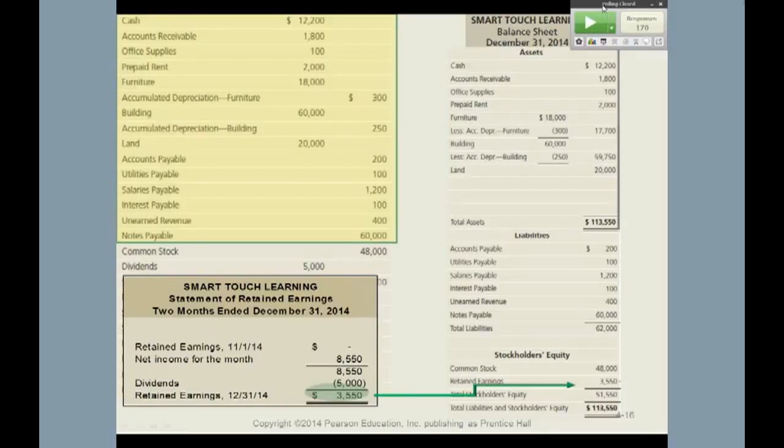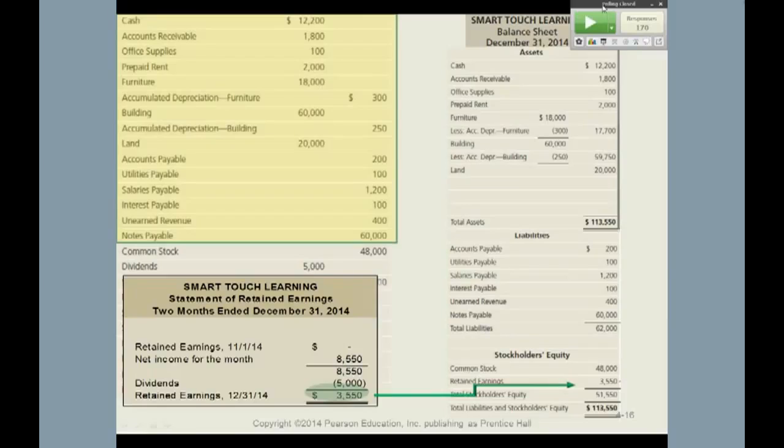A couple of things to note, again, this is another question that came up during office hours. If you look at the furniture and fixtures, and again, I apologize for the size, but this is what the publishers provided. When you look at the furniture and fixtures and the building, notice that you cannot separate the accumulated depreciation from the related account. They have to be reported together. So furniture less accumulated depreciation, and the building less the accumulated depreciation.